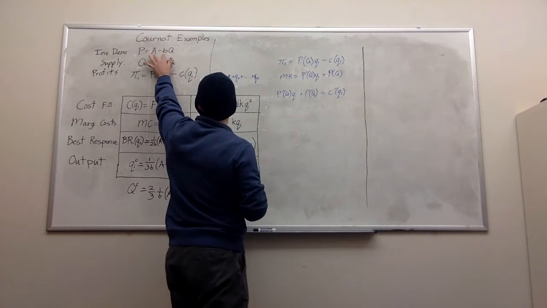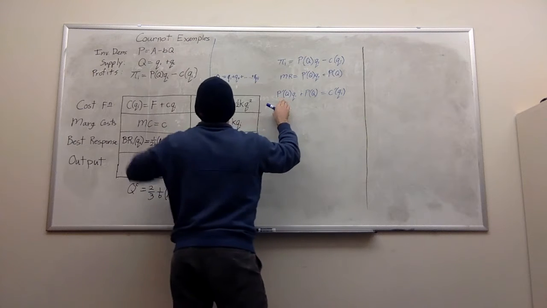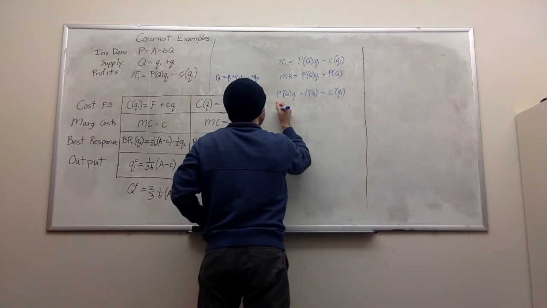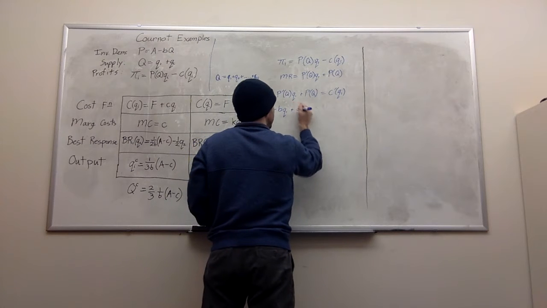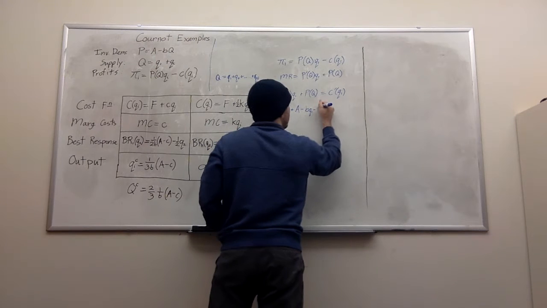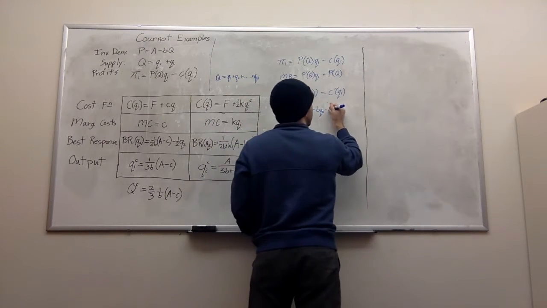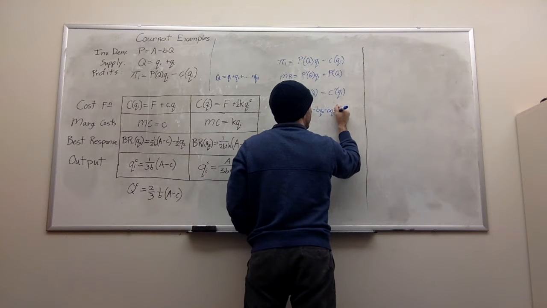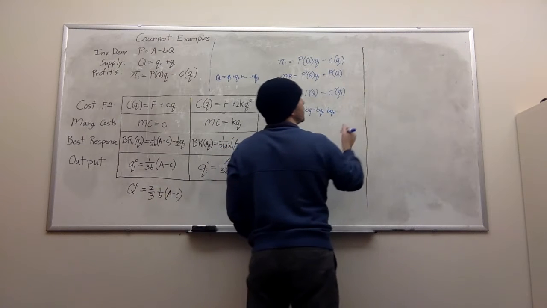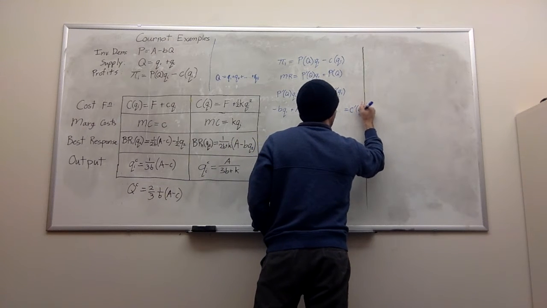So if P of Q is A minus BQ, then P prime is negative B, so this is minus BQ1 plus A minus BQ1 minus BQ2 minus BQ3 and on up to Qn equal to C prime of Q1.